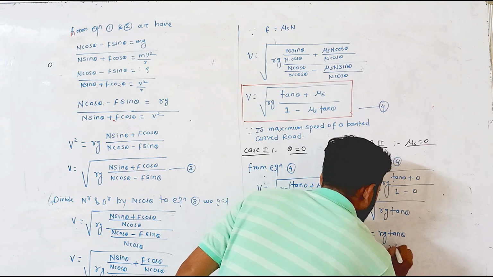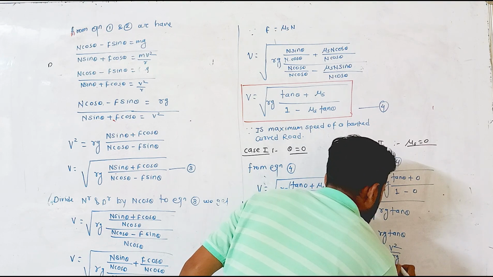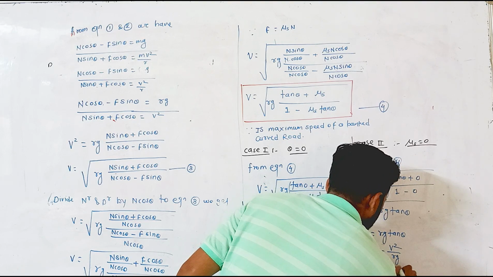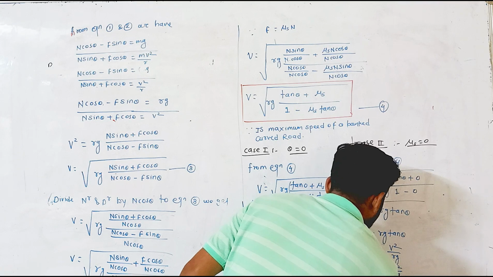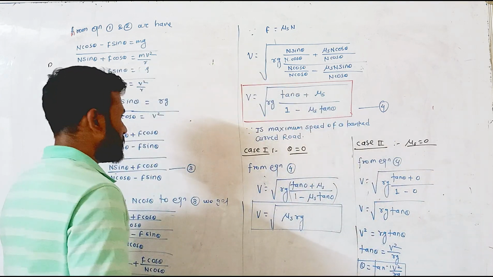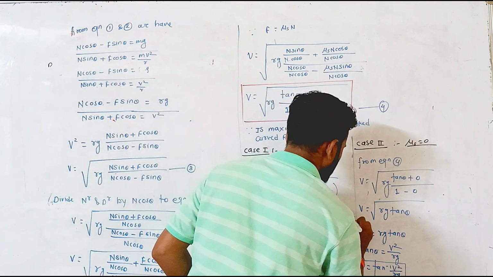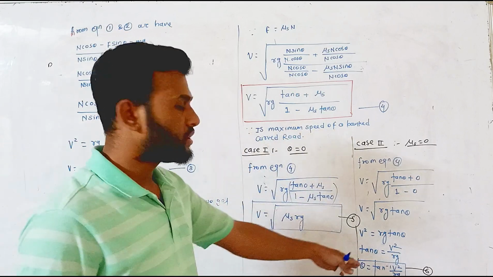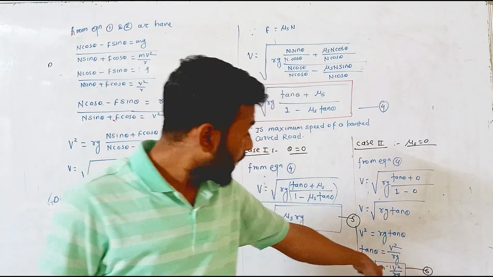So tan theta equal to v square upon rg, and theta equal to tan inverse of v square upon rg. Okay, this is equation number 5.